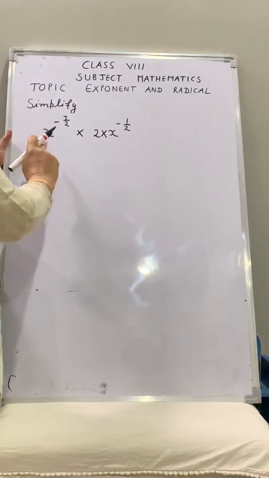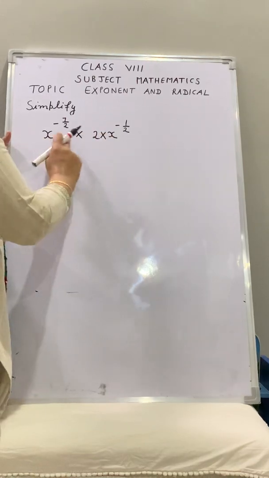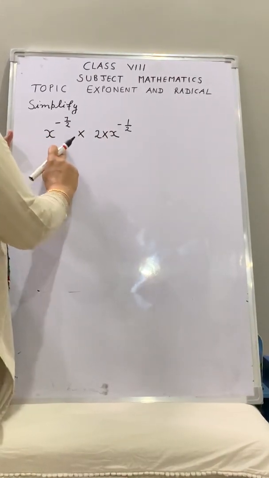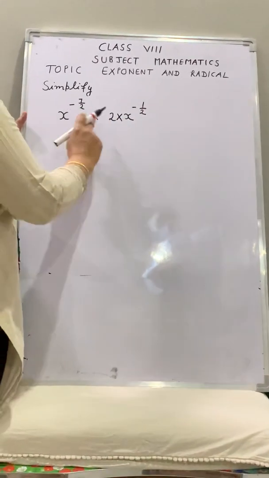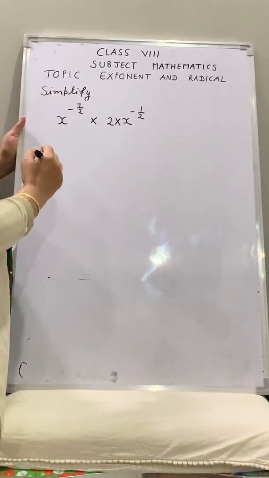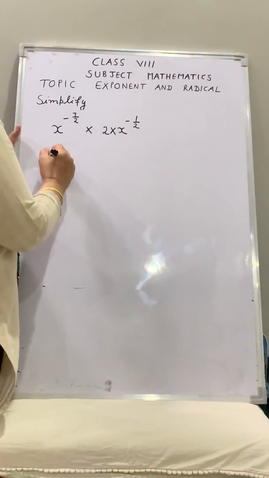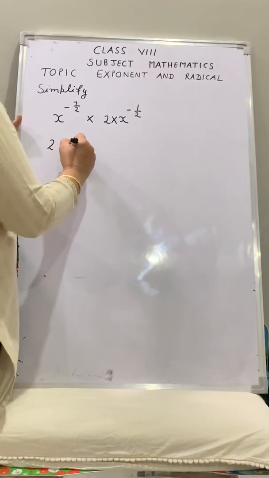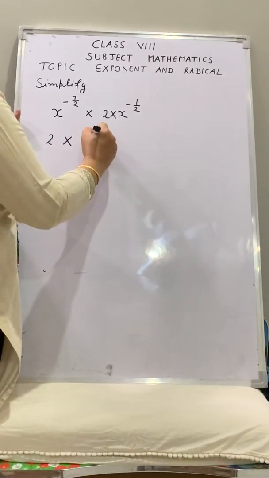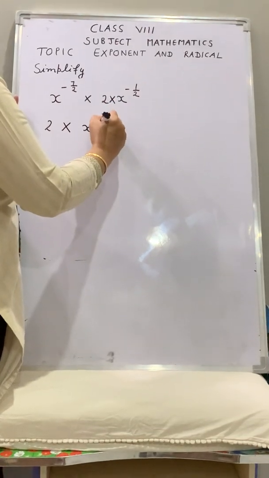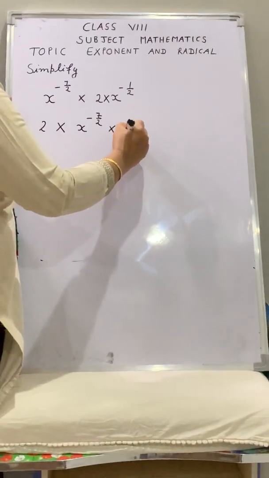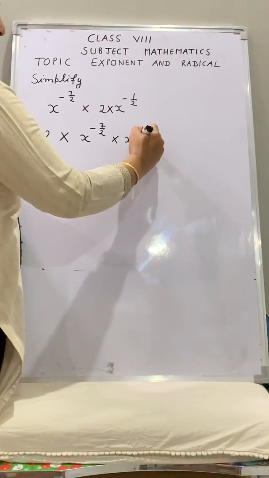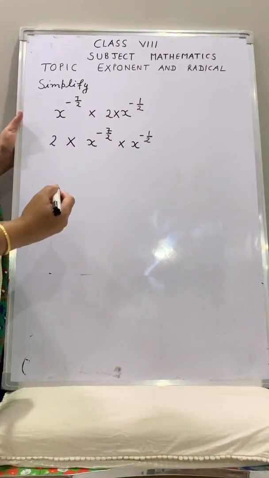Now there are 3 terms. These bases are same and 2 is the numerical number. First of all we write the numerical, then x raised to power minus 7 by 2 multiplied by x raised to power minus 1 by 2.